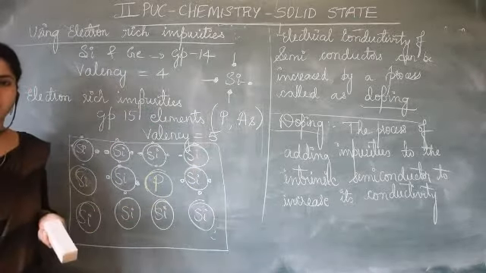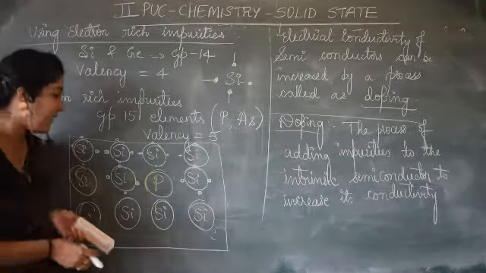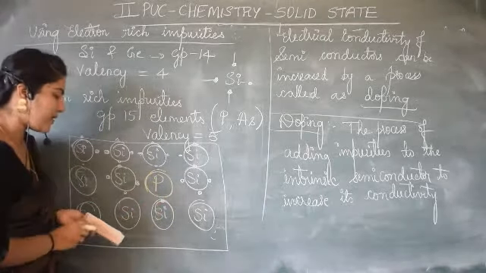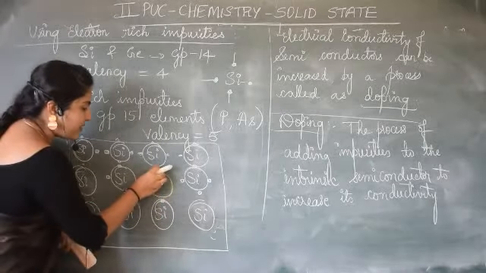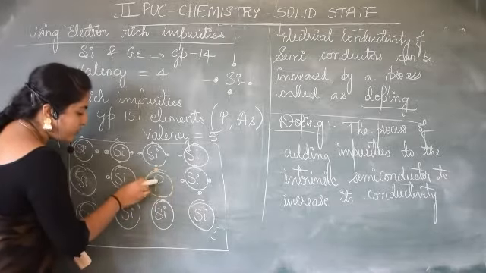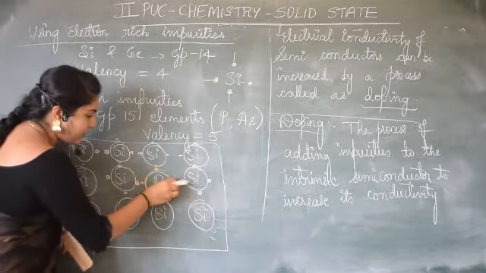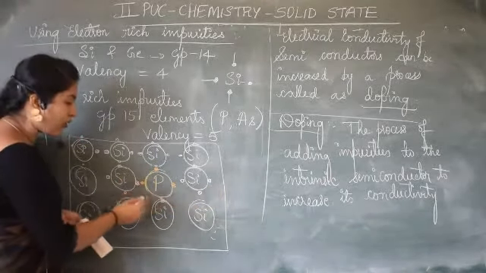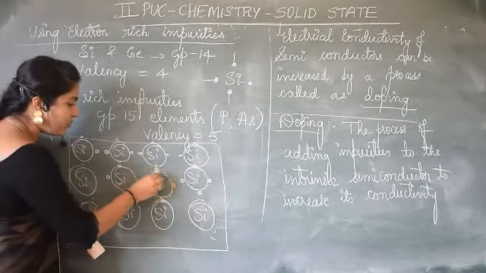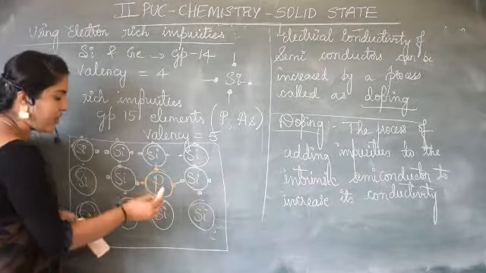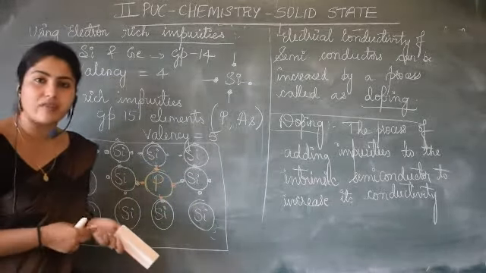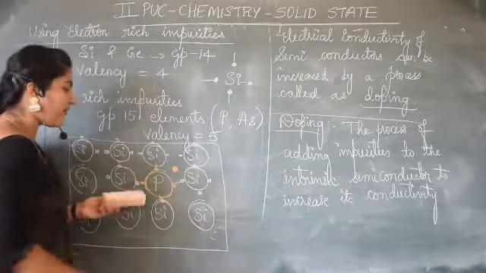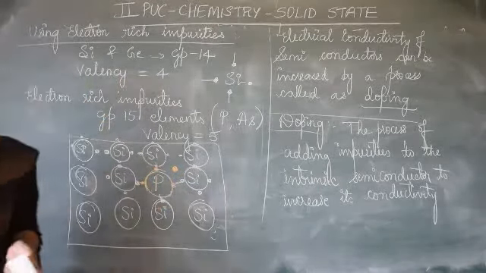Now what about phosphorus? Phosphorus has 5 electrons. So with the neighboring 4 silicon atoms, it forms bonds, 1, 2, 3, 4. What about the 5th electron? The 5th electron of phosphorus is free now.